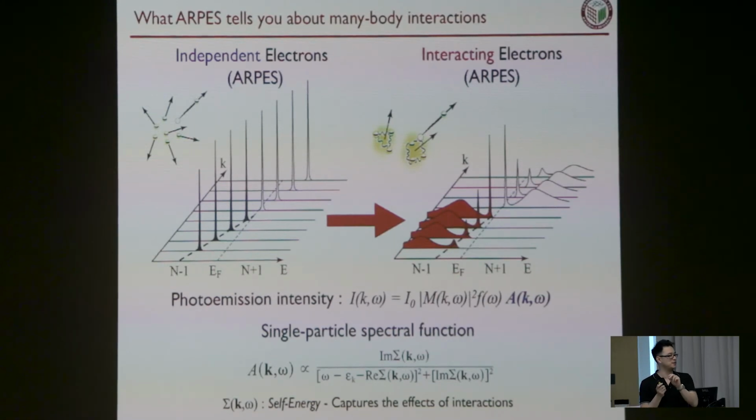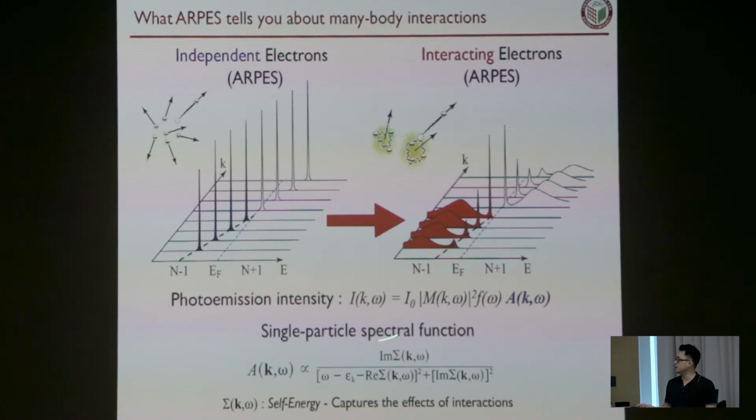The sudden approximation assumes you're pulling the electron out really fast, okay? So we're coming in with, let's say, a 100 electron volt photon, and the electrons are coming out with roughly 100 electron volts. That's relatively fast. If they're dribbling out, let's say, in a photocathode, that's actually not a good assumption. But conventionally, we try to work in the regime where the sudden approximation is valid.